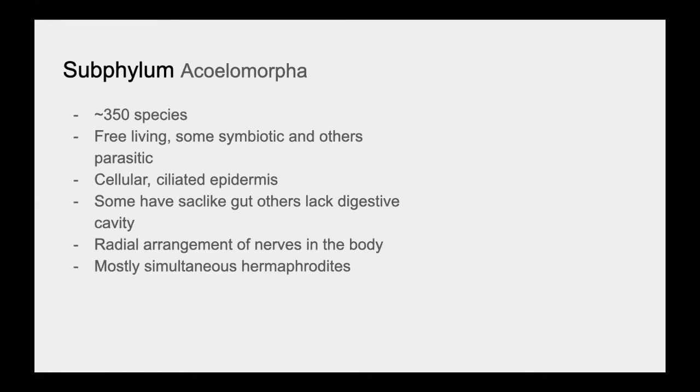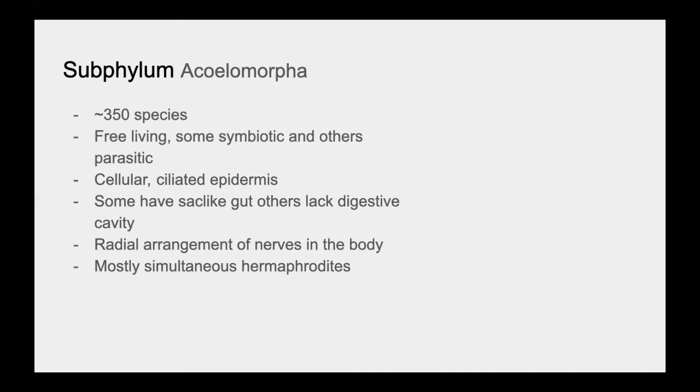So the first subphylum that we are going to talk about is called Acelia-morpha, and it has about 350 species. Most of the Acelia-morpha are free living, but there are also some that are symbiotic and others that are parasitic. They also have a ciliated epidermis. Some have a sac-like gut, while others entirely lack a digestive cavity.